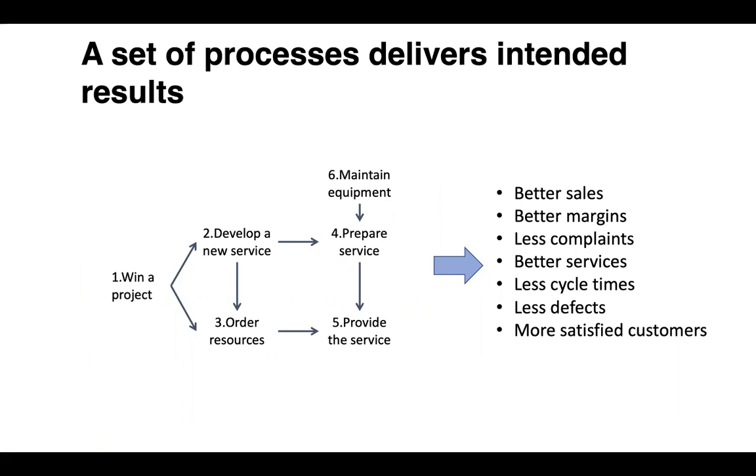New resource needs will be determined and service preparation, process 4, may start. Then, at an agreed date, the service provider may start the service, process number 5. We will see later in another slide that processes 1 to 5 belong to what we can call main processes, processes that exist to deliver the main output of the organization. And process number 6, maintain equipment, belongs to another set of processes, processes that support the main processes.